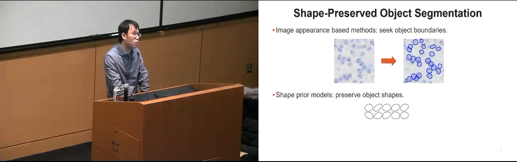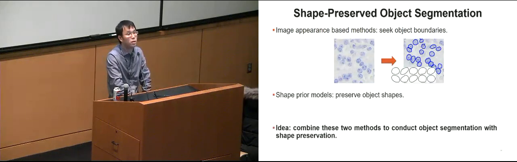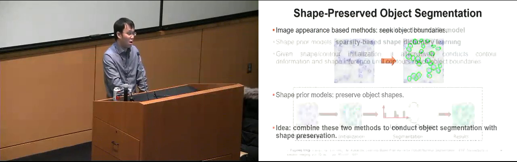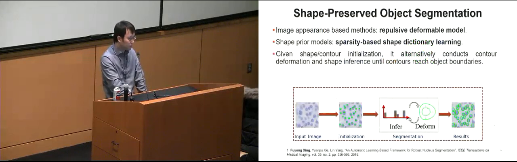So our idea is that we would like to use the shape prior modeling to constrain the image appearance model to do accurate object segmentation. So this is the whole framework. This framework connects two modules. The first one is the image appearance model, for which we developed a novel repulsive deformable model.